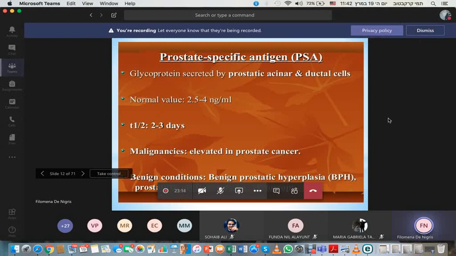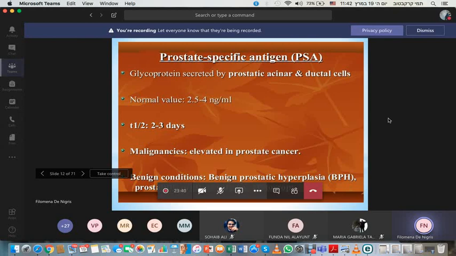When this marker is at least 8 nanograms per ml, it is a good indication that it is a tumor and not infection of the prostate.